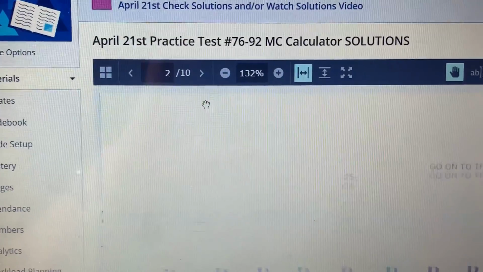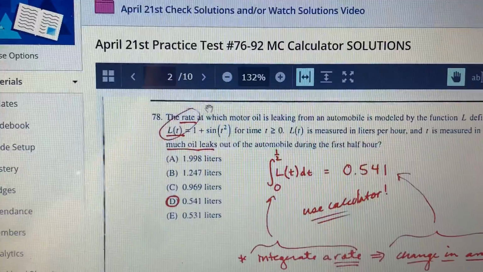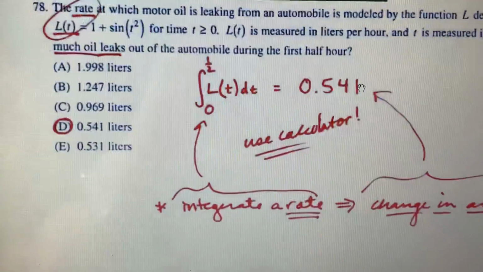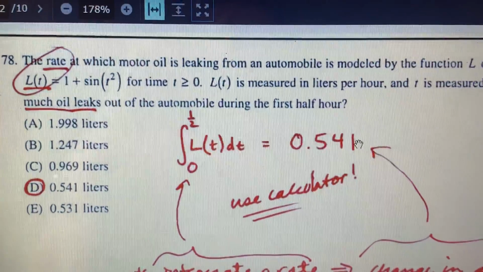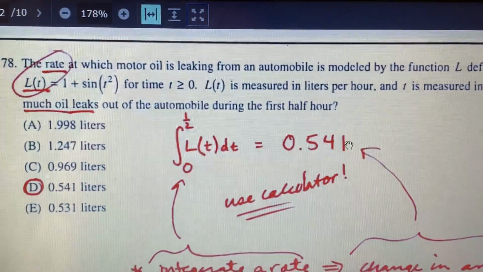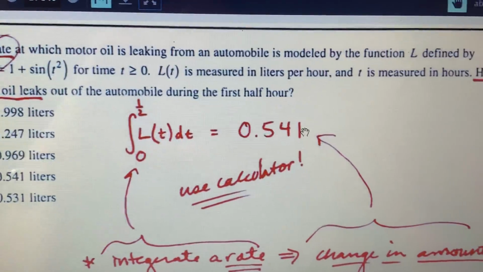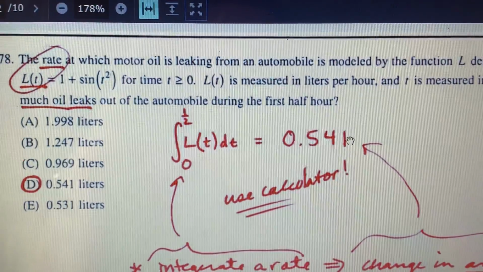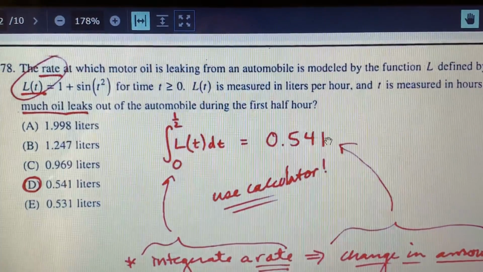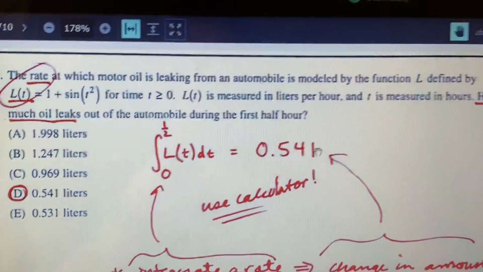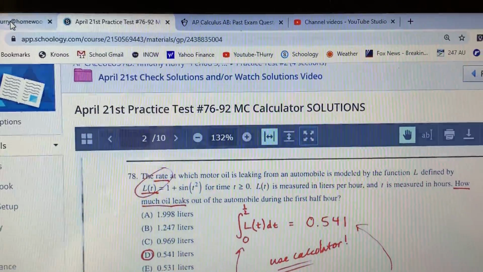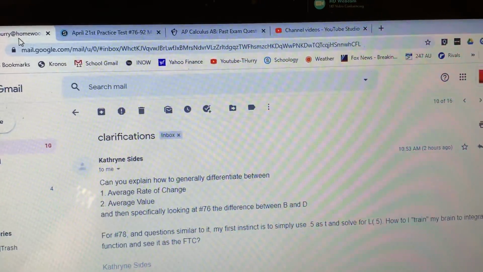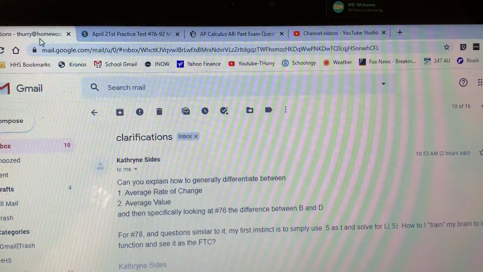I should have looked at that ahead of time. 78 says the rate at which motor oil is leaking is defined by that. How much oil leaks out for the first half hour? Okay, so you said, hold on now, solve for L of 0.5.